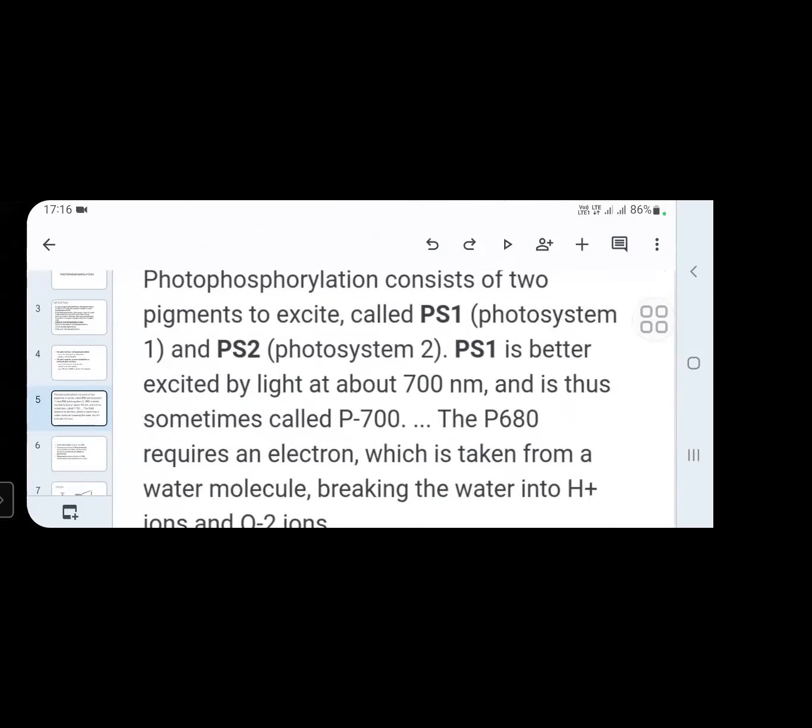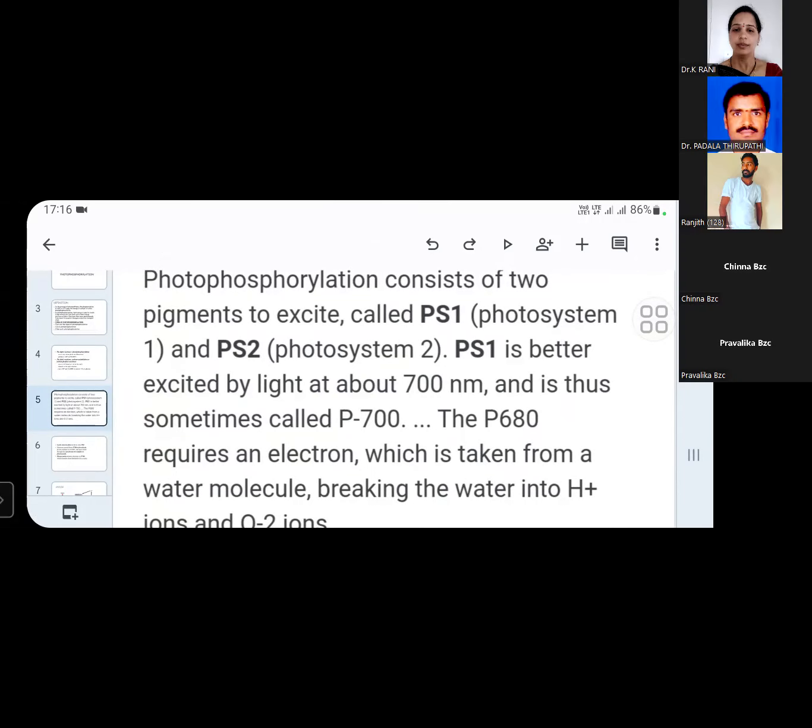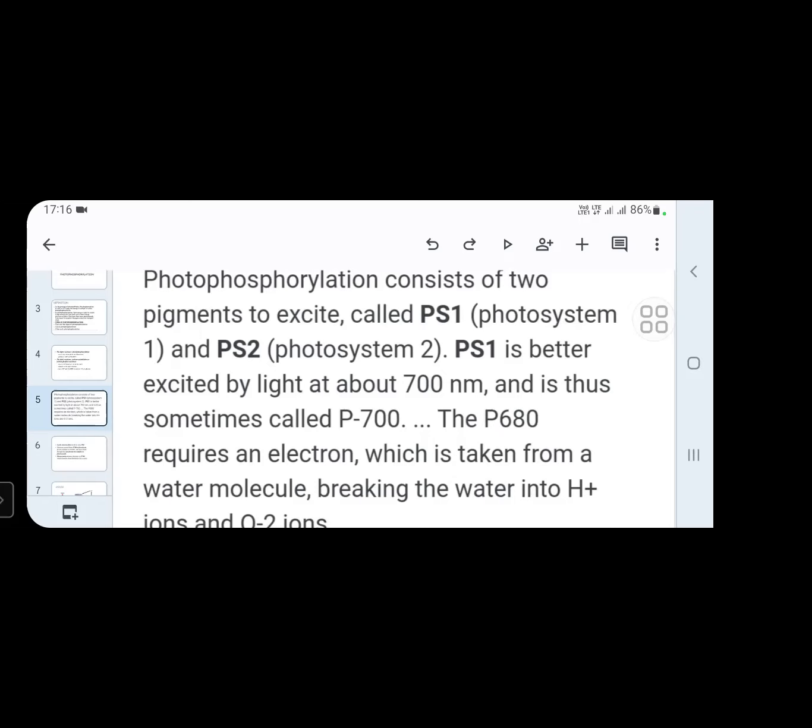Photophosphorylation consists of two pigment systems to excite, that is PS1, photosystem 1 or pigment system 1, and the second one is PS2, photosystem 2 or pigment system 2. Now we are coming to PS1.